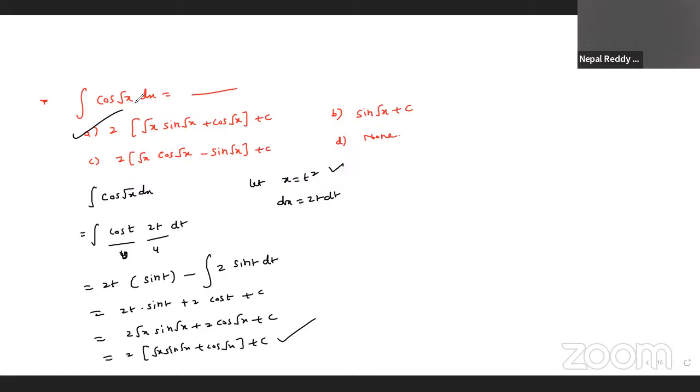Next, we go for another question. The question is integration of e power x into secant x multiplied by 1 plus tan x dx. And here the options are given: e power x into secant x plus c.